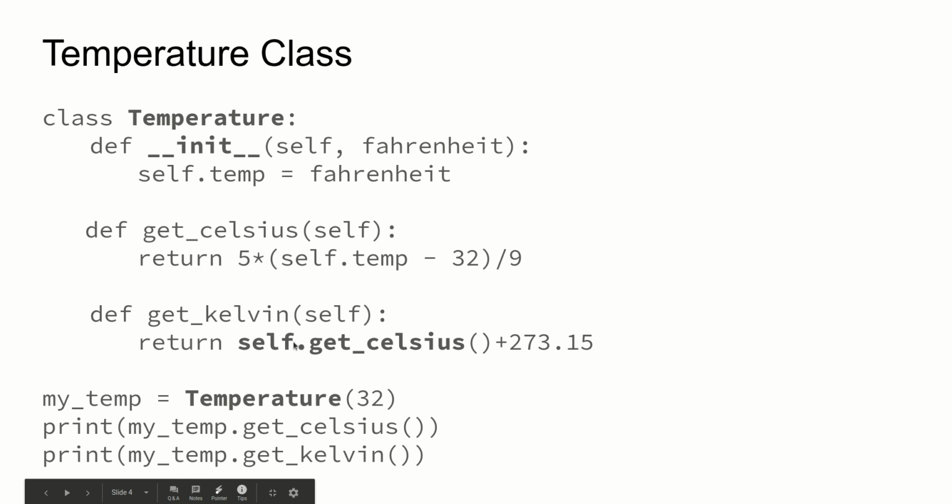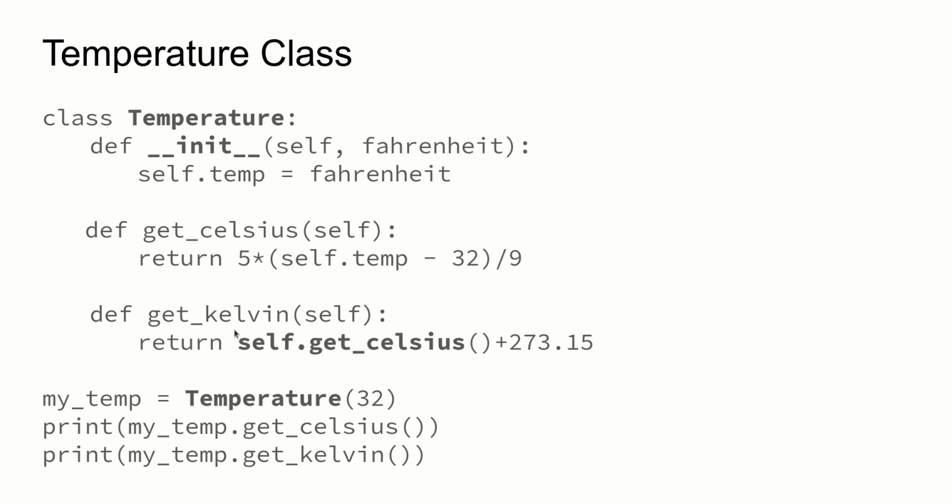This is a local scope to the getKelvin method of the temperature class. We don't want to be messing with myTemp. We get handed self. And so when someone asks for the Kelvin value, well, if I want to get the Celsius, I say, whoever my current object is, myself, then I will give you the Celsius, and then you can add 273.15 to that, and you can return it.